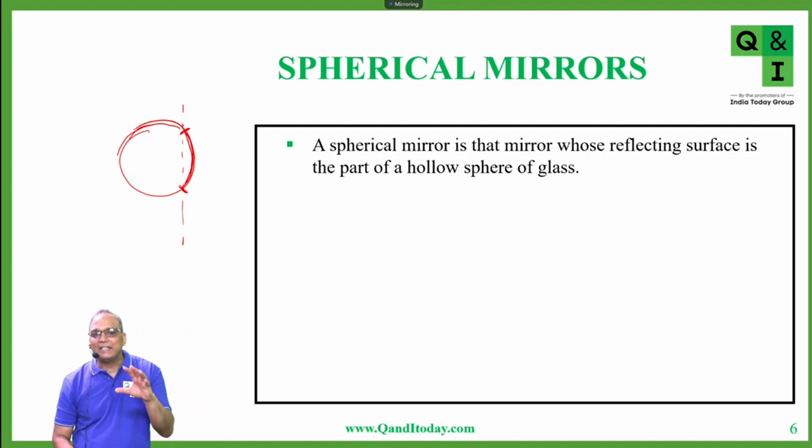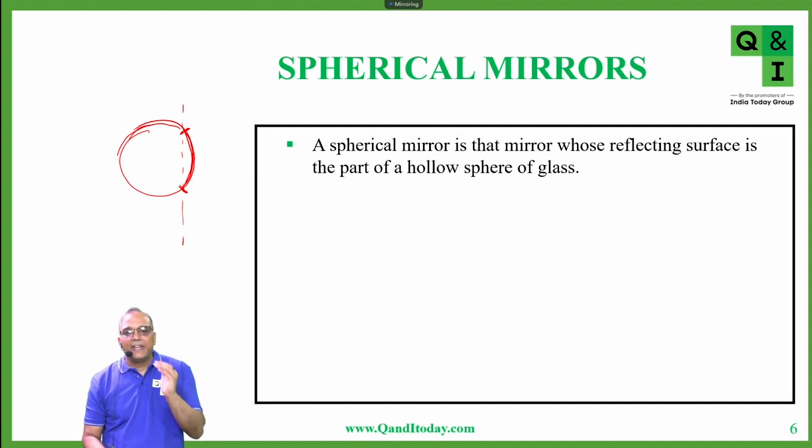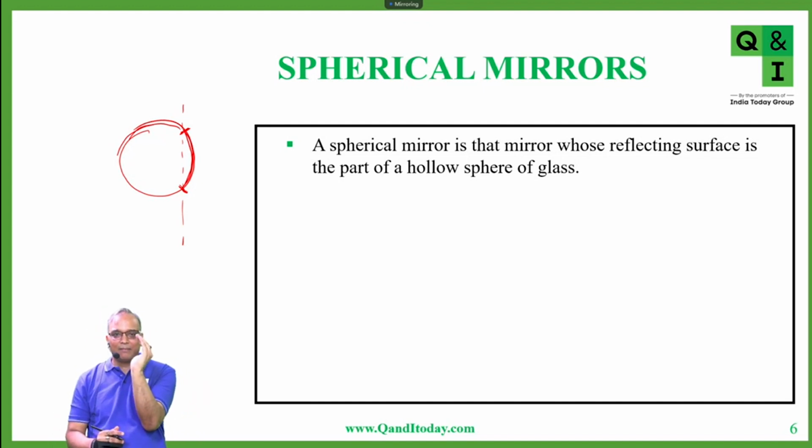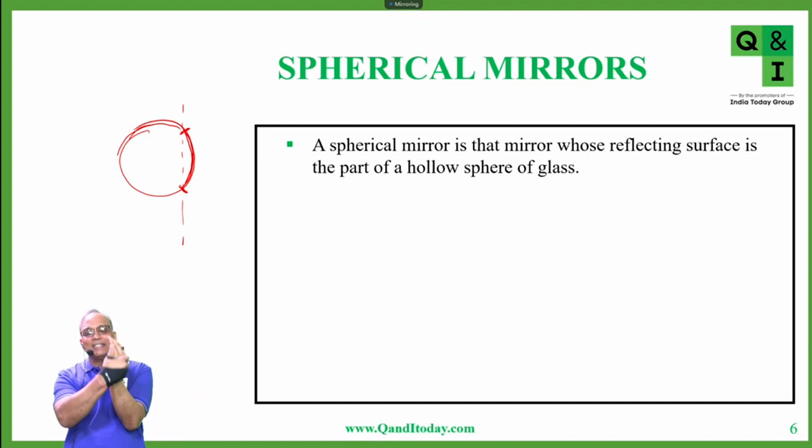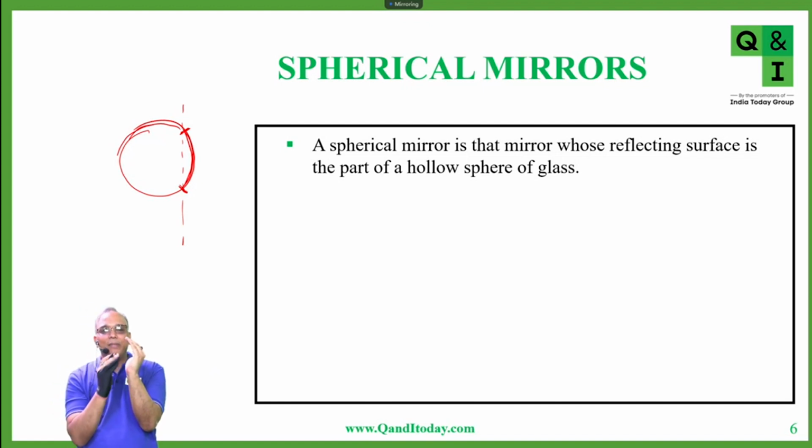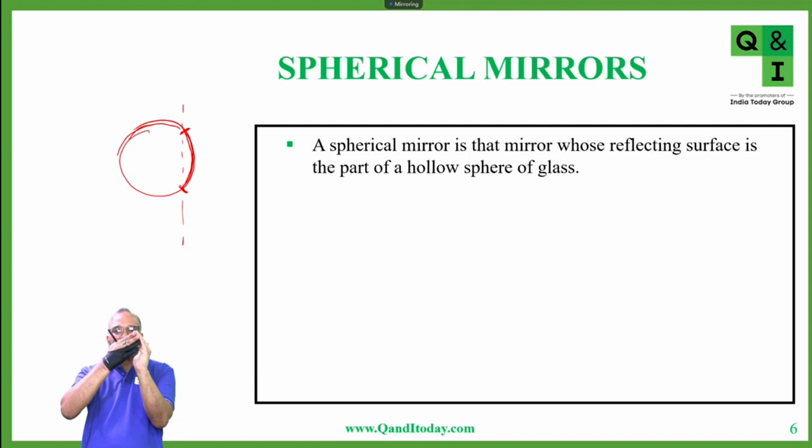Now it depends on which surface you are silvering. If you silver this outer part, it will become a concave mirror. Why? Because the reflecting surface is forming a cave, and that's why it is called a concave mirror, right?